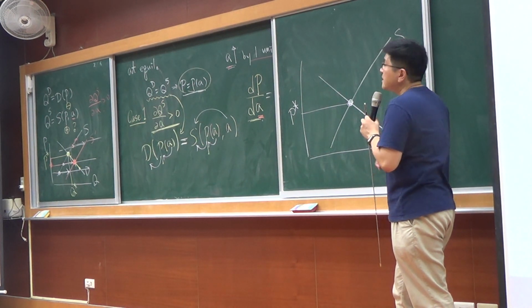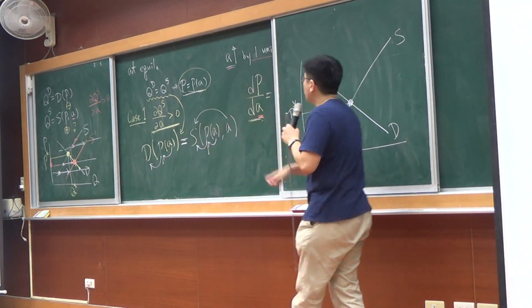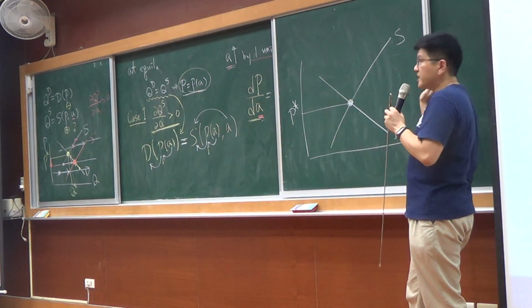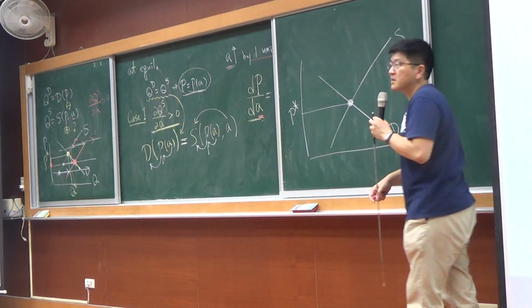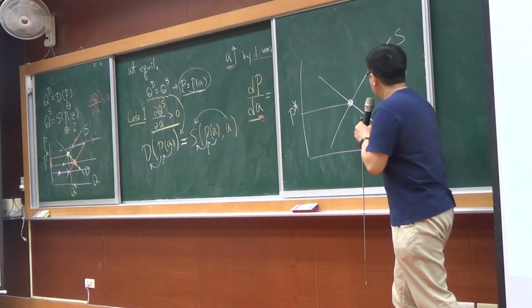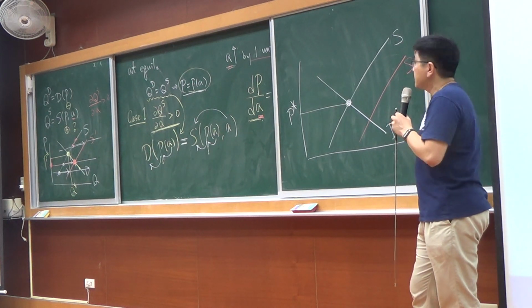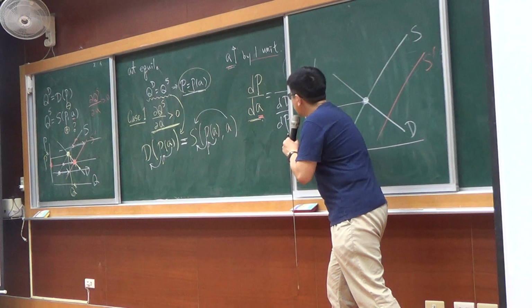Now, because there is a change in A by 1 unit, the quantity supply moves to the right because we assume the relationship is positive. This is the S prime.